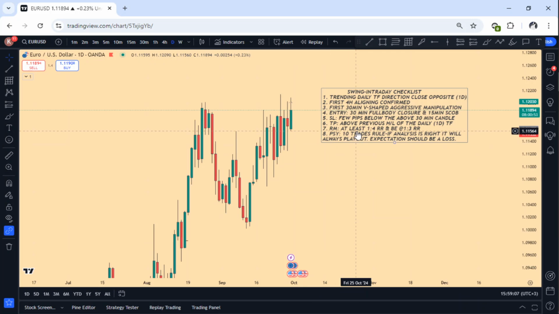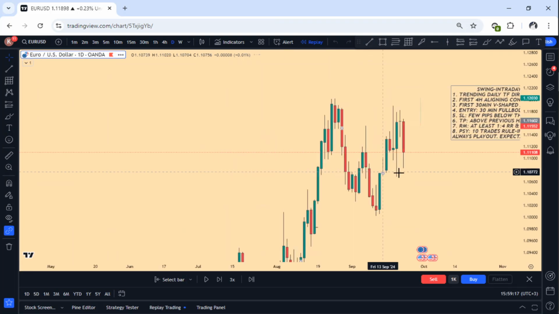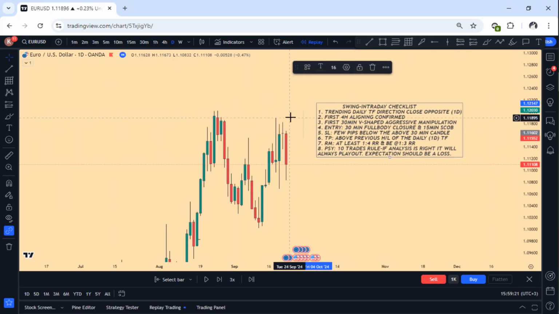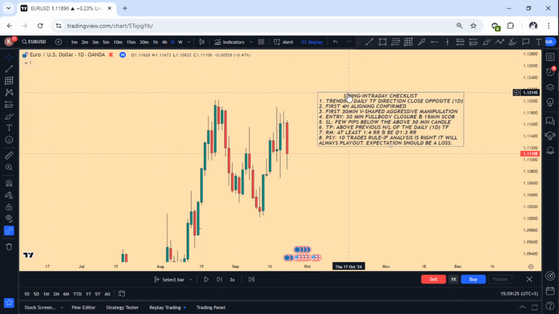So let's start with the trade that took place on the 24th. So let's cut this down here. The first thing we need to do is to identify the trend in the daily time frame direction, so that we find a close opposite.